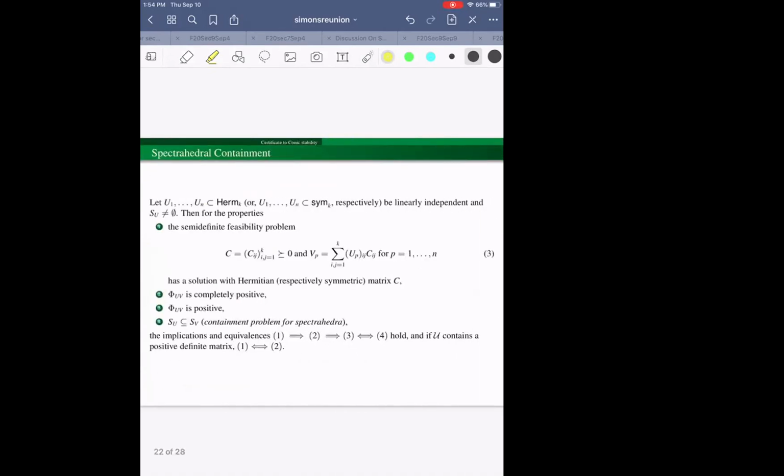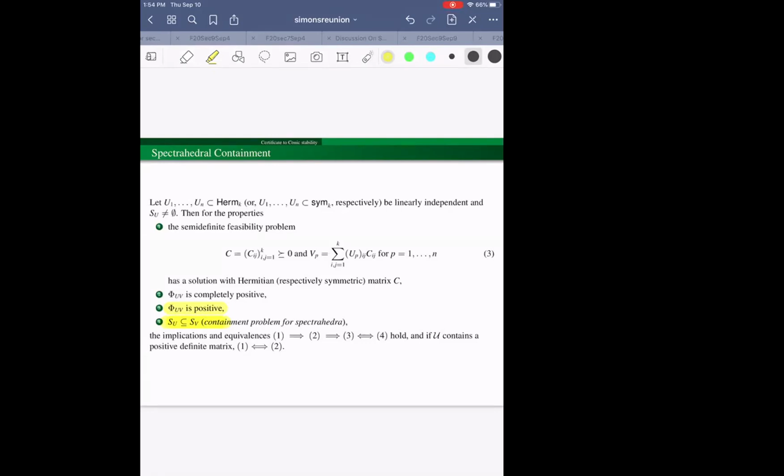Then we use this well-known result about spectrahedral containment. It says that this linear map is positive if and only if one of the corresponding spectrahedra is contained inside the other.